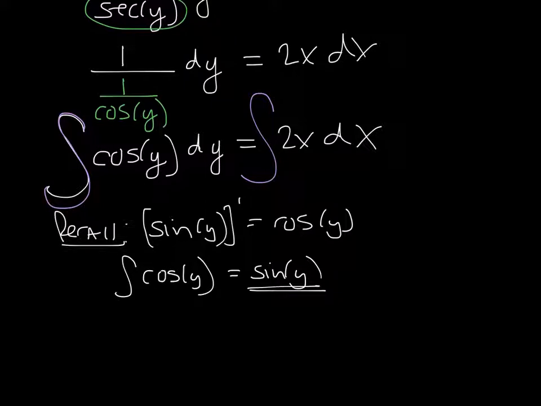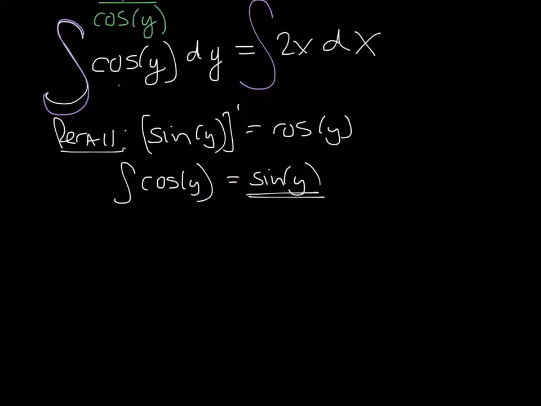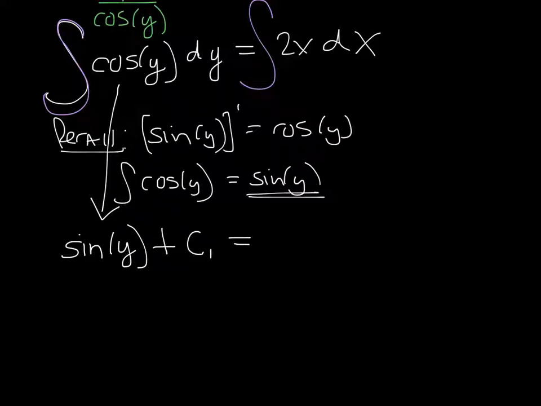So the integral is sine of y plus a constant of integration equals, and then I can factor out that 2. Again, I'm just going step by step. If you want to skip some of my steps, that's fine, as long as you understand what's going on.